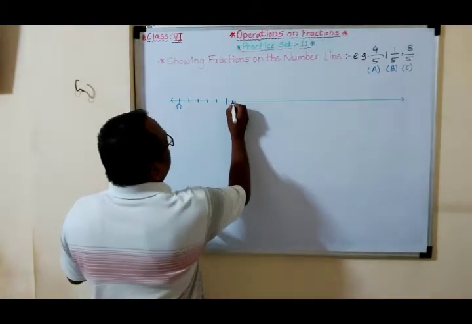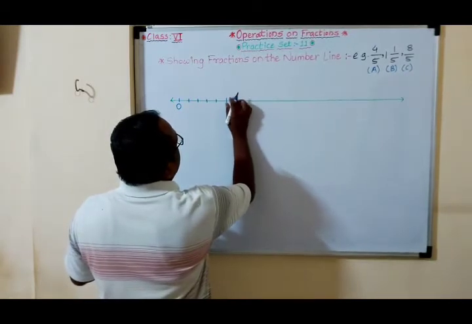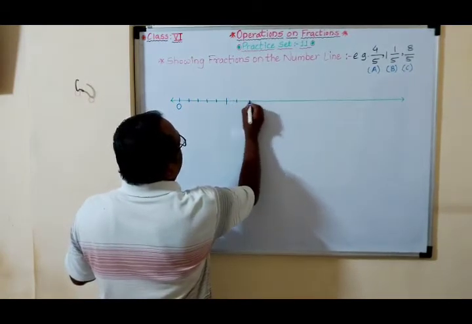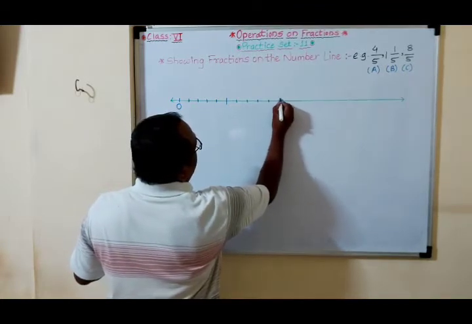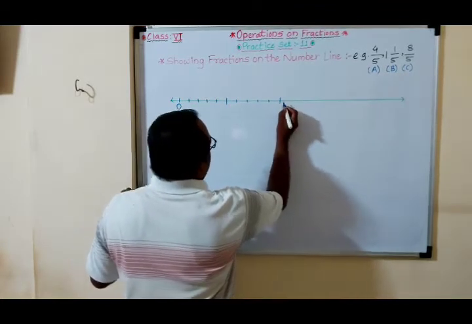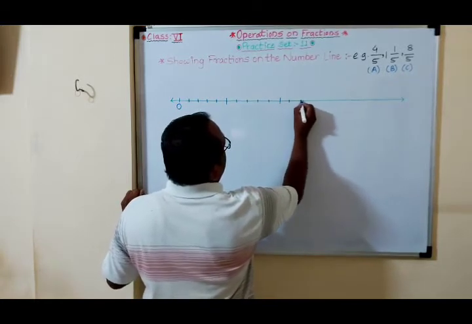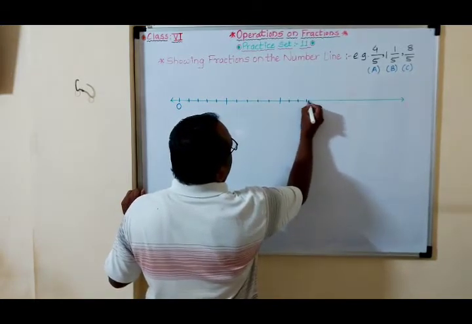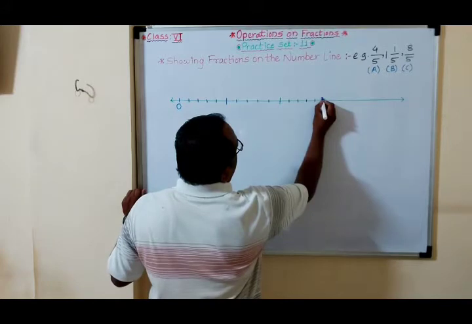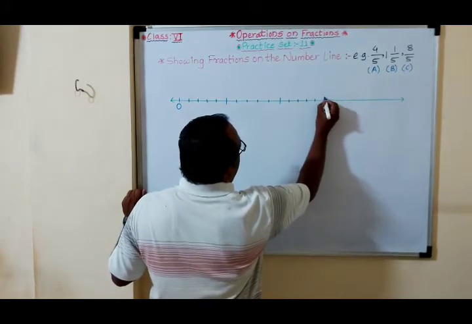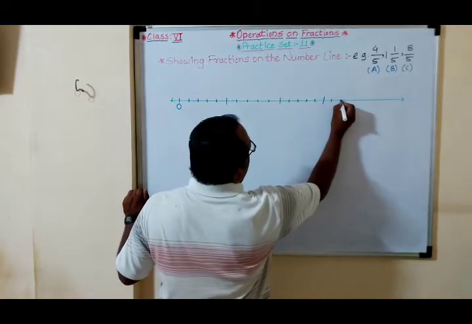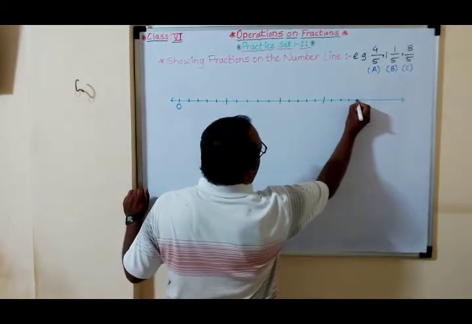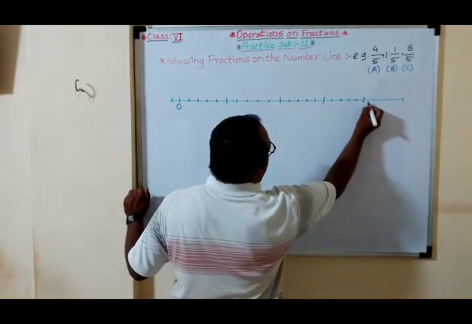Then again at the same distance, 1, 2, 3, 4, and this is 1/5. Again 1, 2, 3, 4, and this is 1/5. Again 1, 2, 3, 4, and this is 1/5.